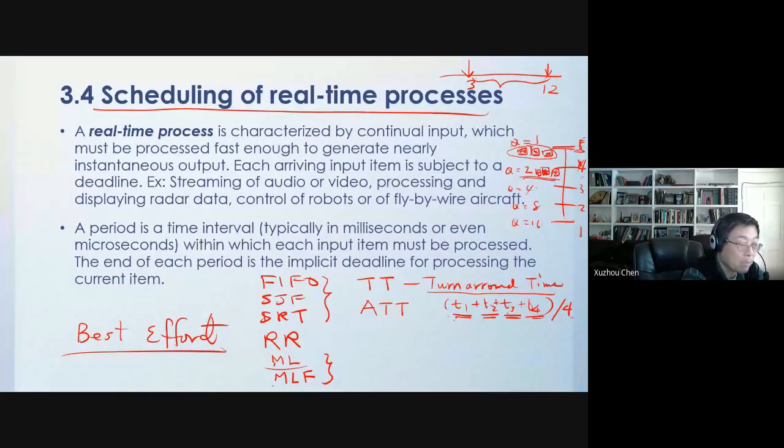Now multi-level feedback queue is kind of different. For every process, once the process arrives, it is always allocated to the highest level queue, level 5.